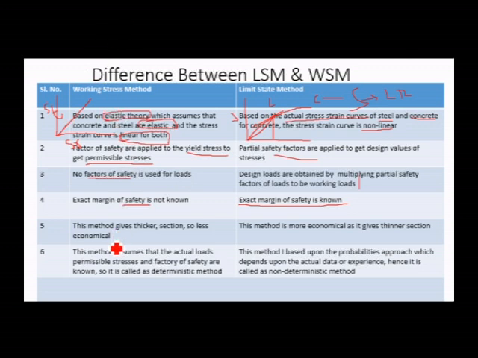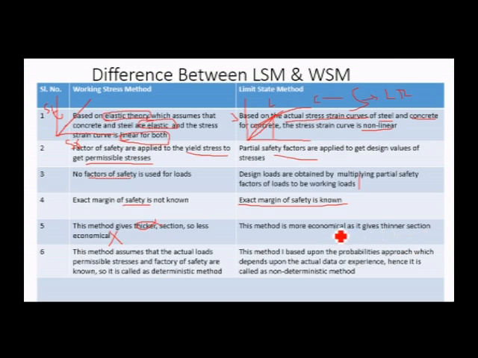Whereas working stress method will give a thicker section, so it is less economical, because here we consider the steel and concrete both to be linear. So for that reason the section will be very thick. In limit state method it is more economical and it gives a very thin section.